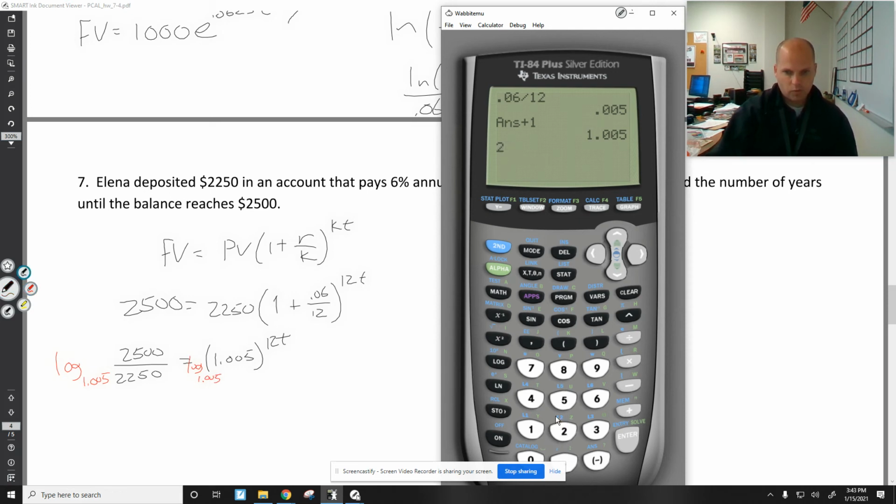You guys are more comfortable with numbers than writing everything out. So 2,500 divided by 2,250. Log base 1.005 of that number is 21.1247 dot dot dot equals 12t.